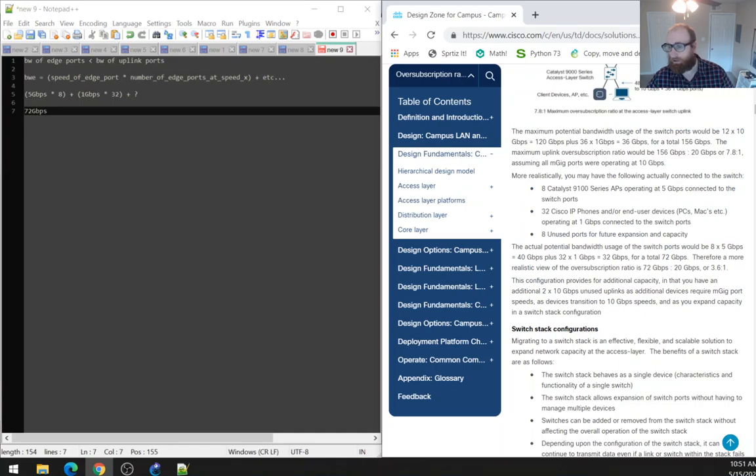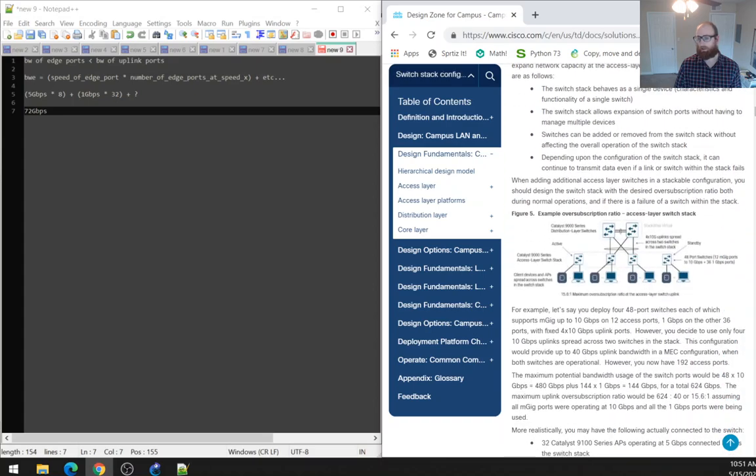This configuration provides for additional capacity in that you have an additional 2 times 10 gigabits per second unused links, as additional devices require multi-gigabit port speeds as devices transition to 10 gigabit speeds, as you expand capacity in a switch stack configuration. What the hell?